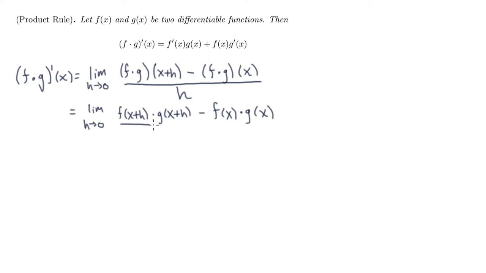And then all over h. Okay, so now with the sum rule, all we had to do was just move things around. Now here, it is not so easy because all of the pieces are not here to give me this. So if I'm looking for something that looks like f prime of x, I'm looking for something like f of x plus h minus f of x. And then I also need something that looks like g of x plus h minus g of x.